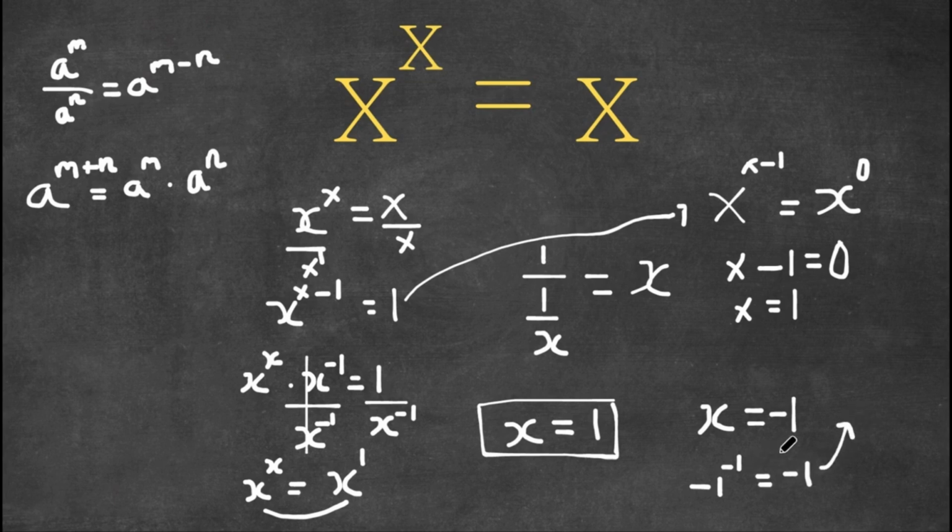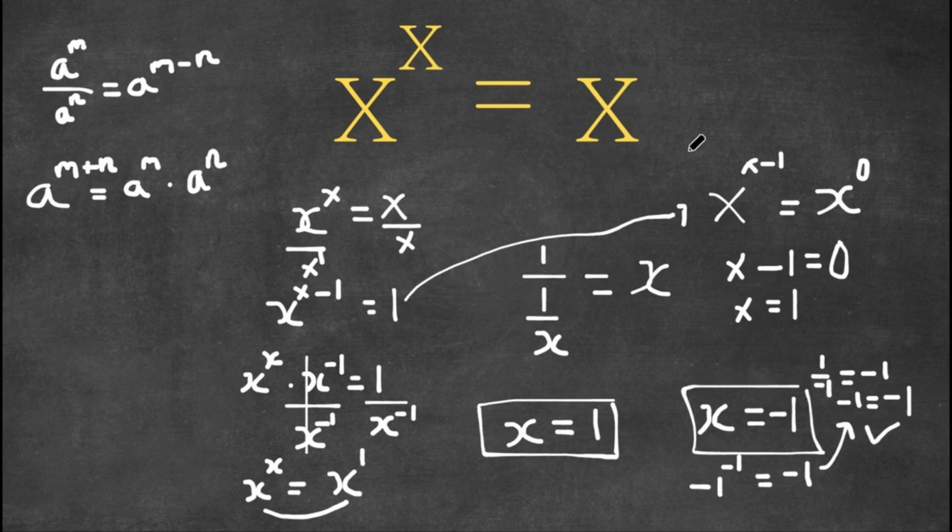Well, -1 to the power of -1 is simply 1 over -1, and 1 over -1 is simply just -1. So -1 equals -1, so this is right. So x equals -1 is also a solution to this equation.